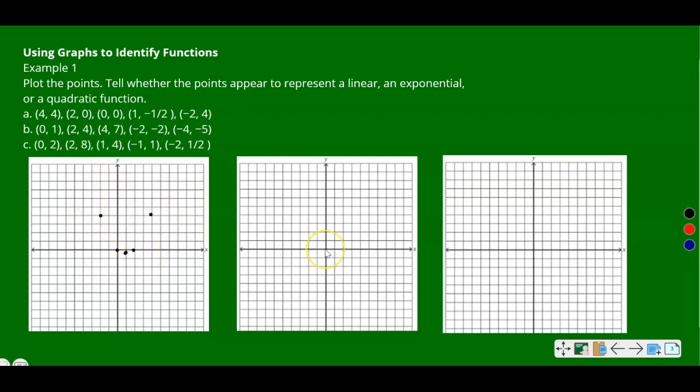Let's look at B. B is 0, 1. 2, 4. And then 4, 7. And then negative 2, negative 2.